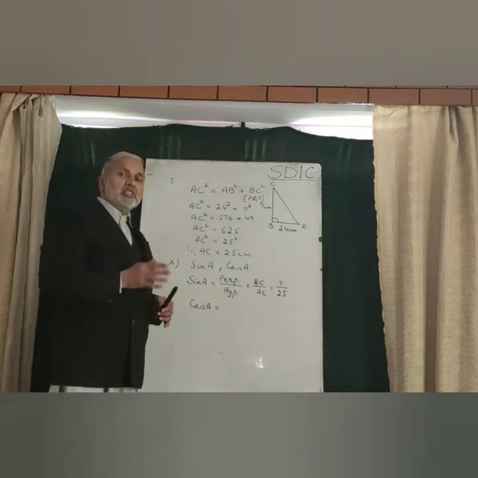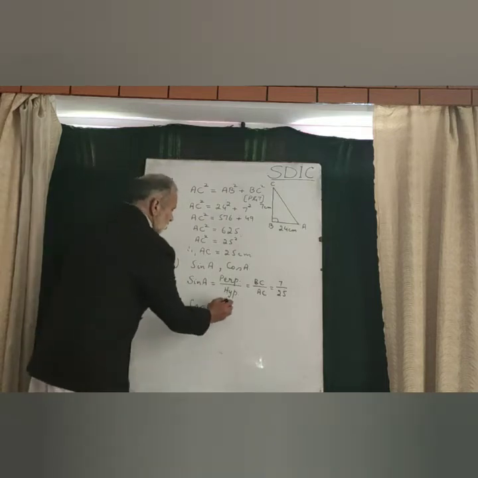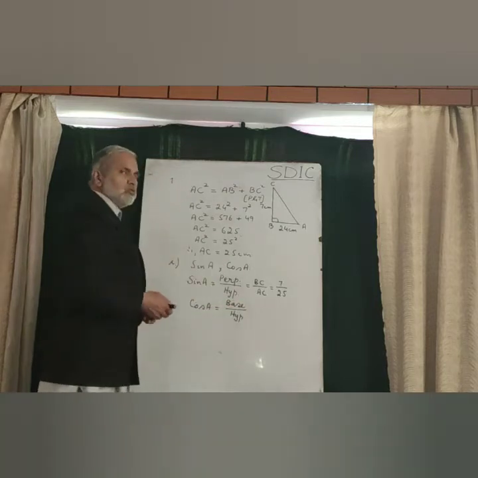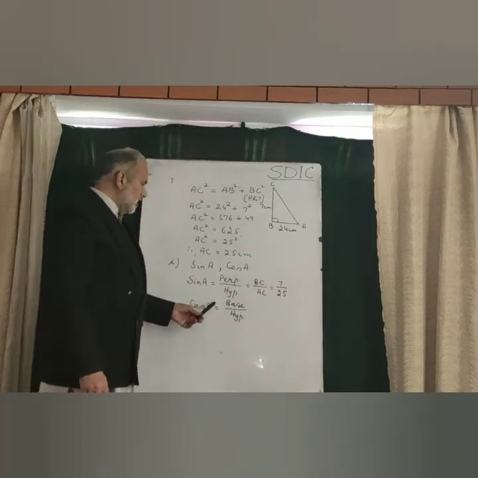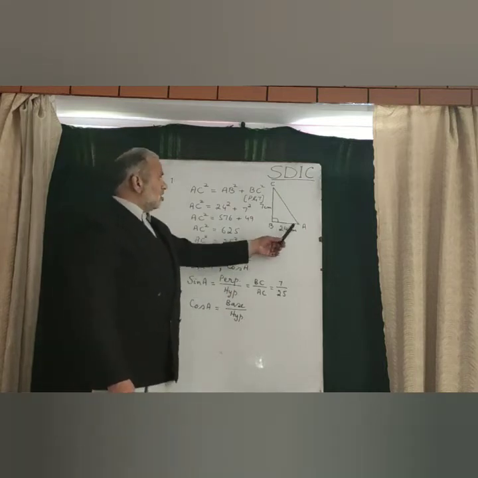Second group, 3 words, "curly black here": cos, base, hypotenuse. Cos is base by hypotenuse. Now identify base again with respect to the acute angle involved in this statement. A is the acute angle. With respect to A, base is AB.